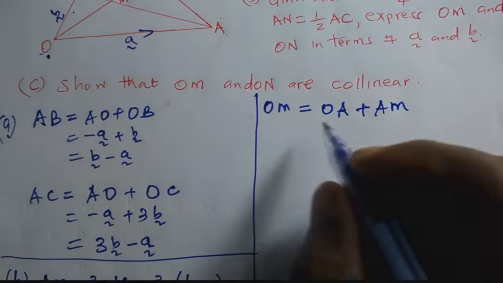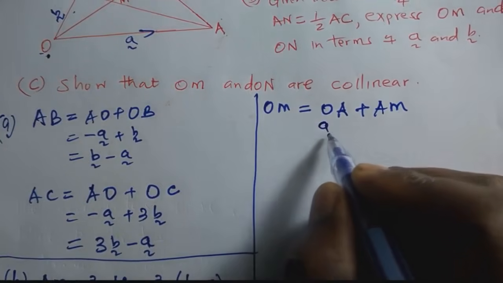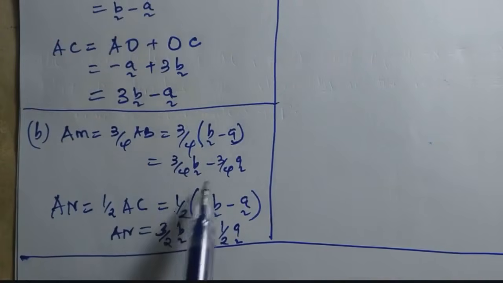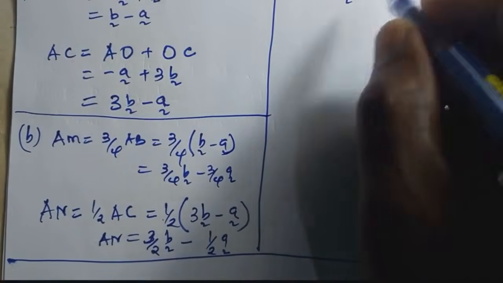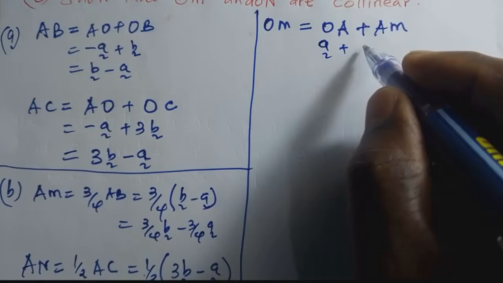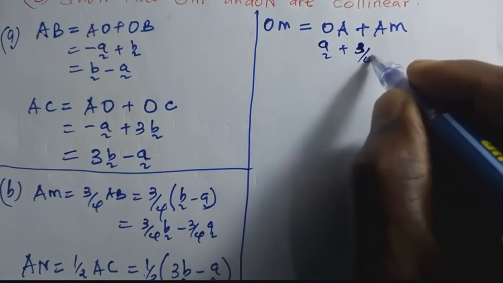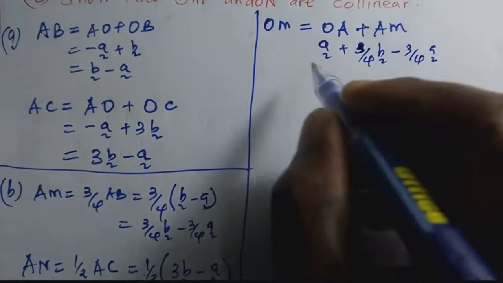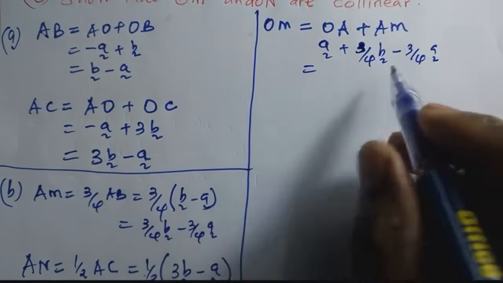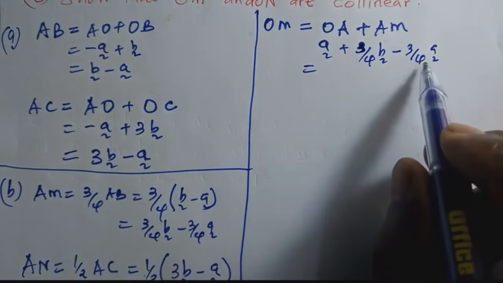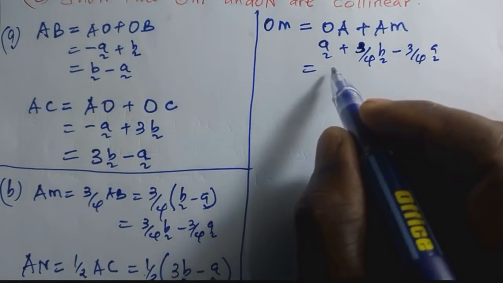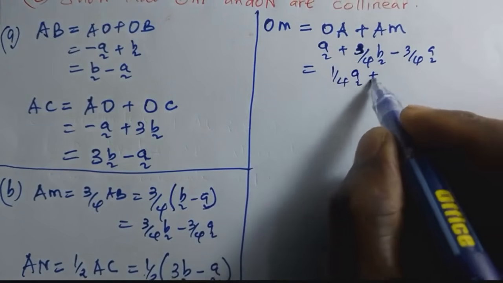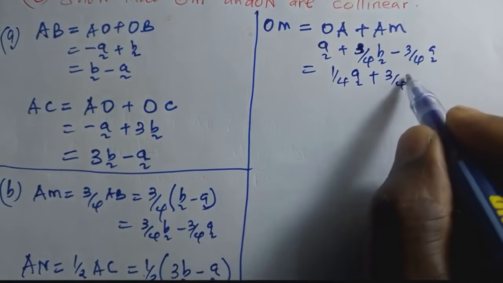We have OA, which is A, plus AM, and we have AM here. So plus AM, which is 3 over 4B minus 3 over 4A, meaning that OM is equal to 1 minus 3 over 4A, which is 1 over 4A plus 3 over 4B. That is OM.